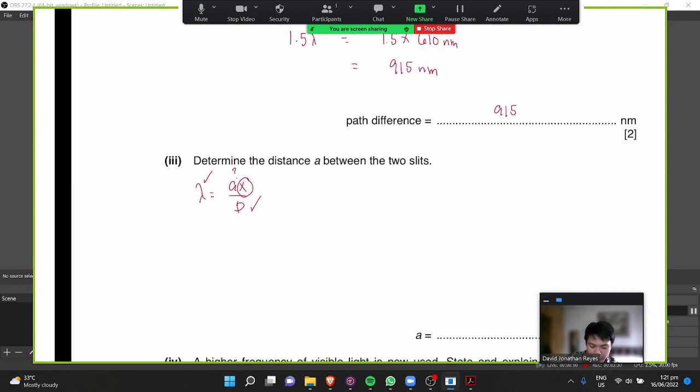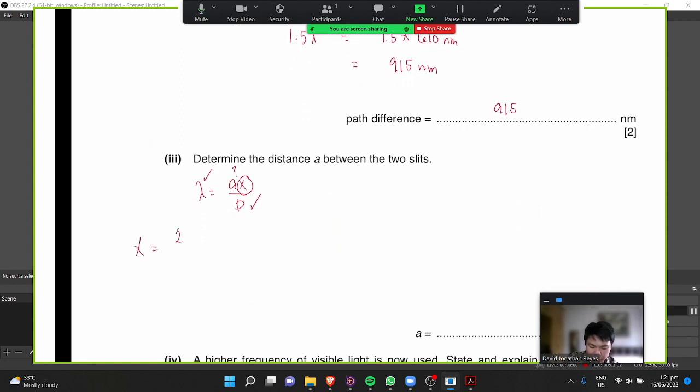So let's go back here. x equals 22 millimeters, or let's just use it in meters already, 22 times 10 to the negative 3 divided by 4. Okay? And you will get 5.5 times 10 to the negative 3 meters.